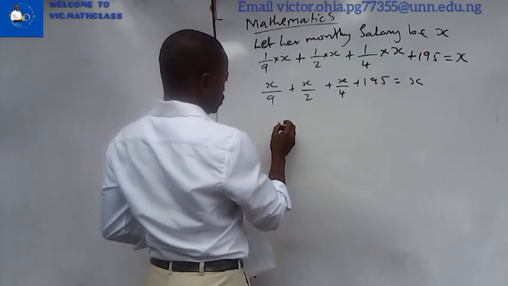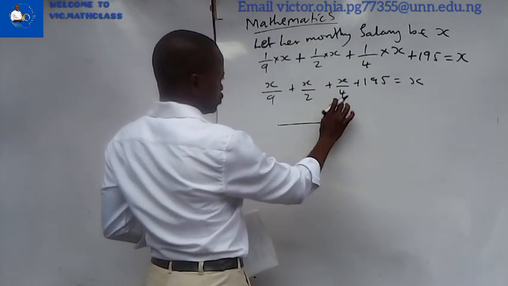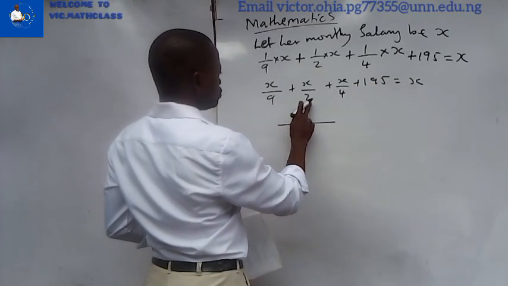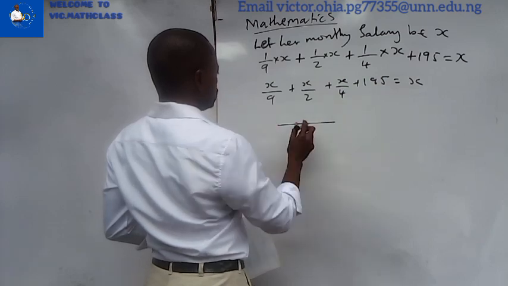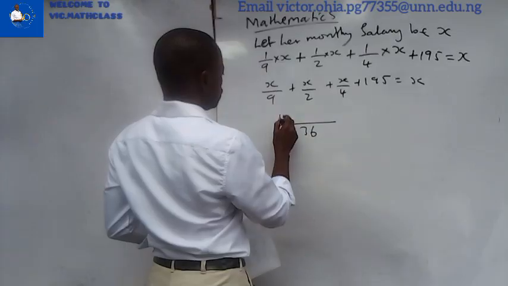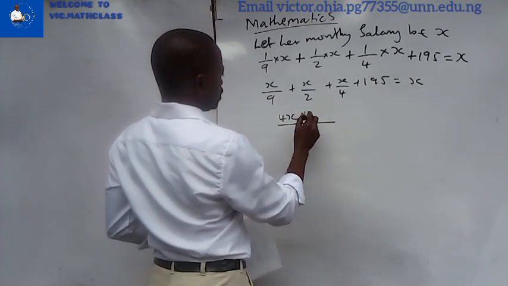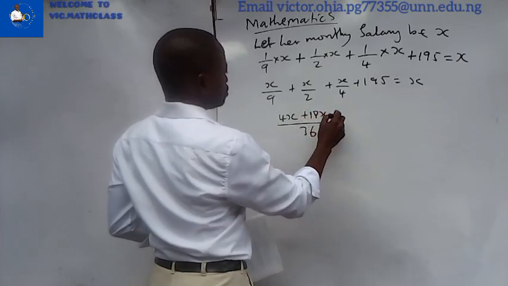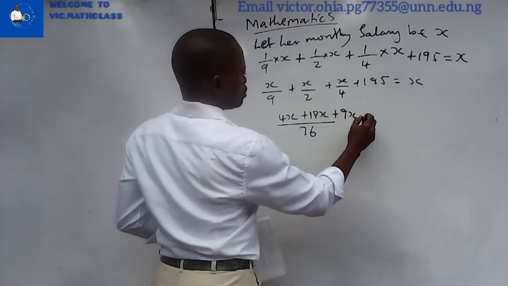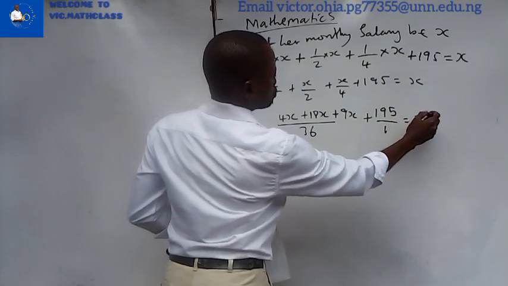Taking the LCM, I'm working on these 3 fractions. The LCM of 9, 2, and 4 will be 36. 9 into 36 is 4, 4 times this is 4x; 2 into 36 is 18, 18 times this is 18x; 4 into 36 is 9, 9 times this is 9x, plus 195 over 1 equals x.